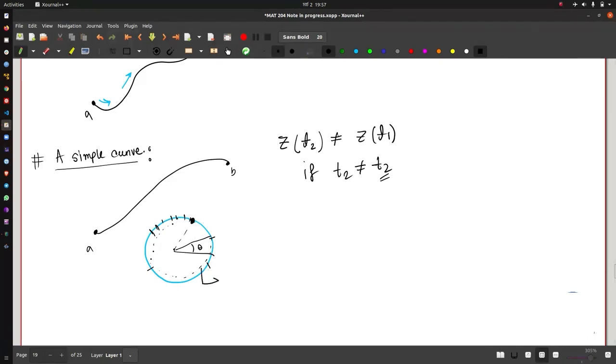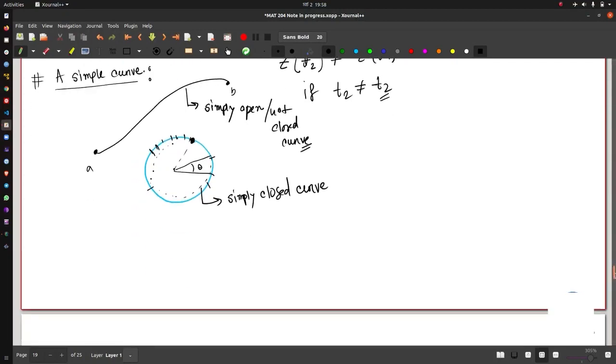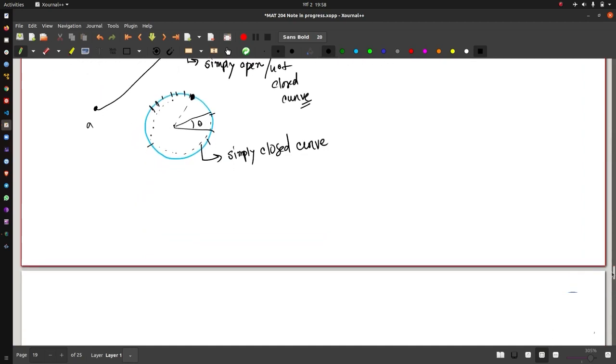So this is a simply closed curve, and this is a simple, I wouldn't say open, but you can call it an open slash not closed curve. So these are simple curves, and then we will have the non-simple curves.